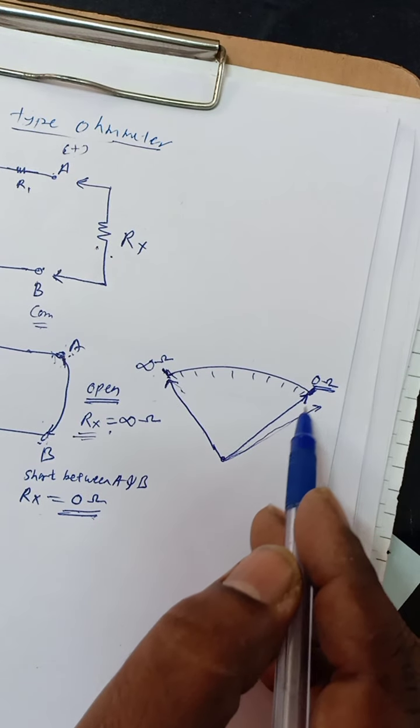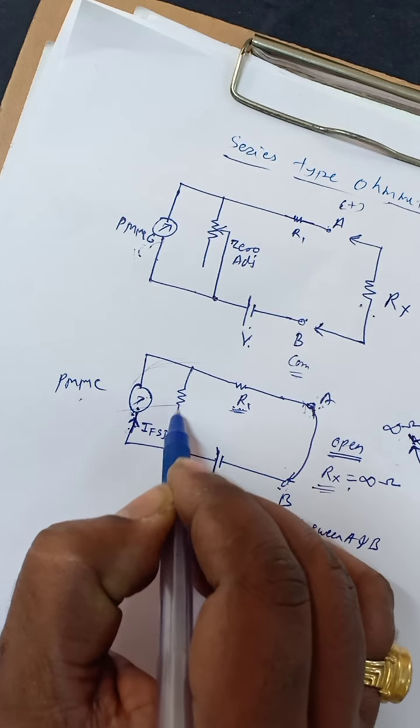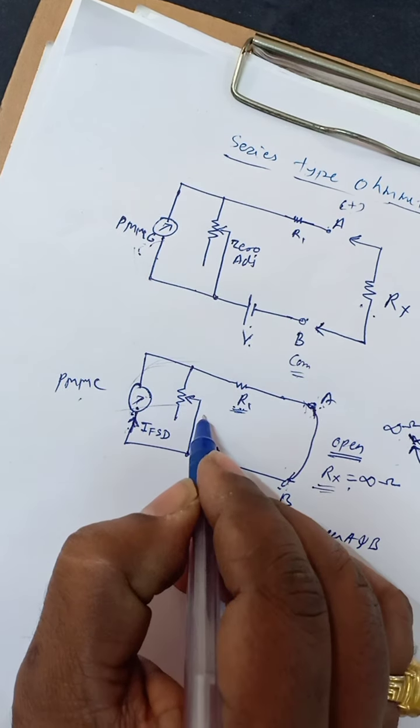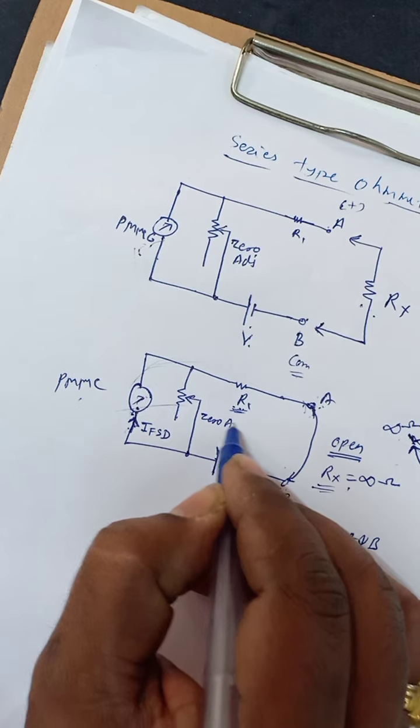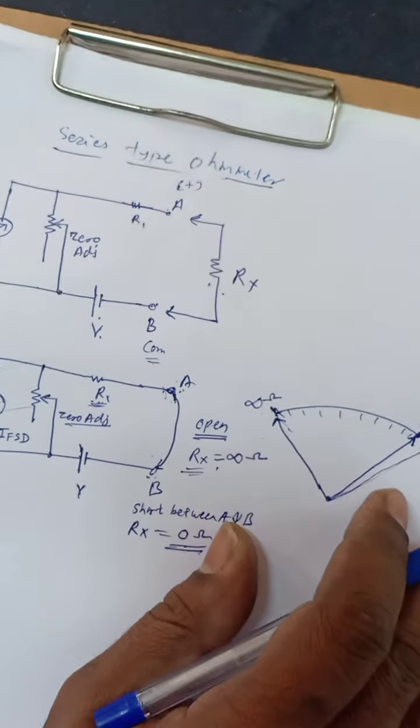So to avoid this, we use the potentiometer arrangement which is connected across the meter. This is known as zero adjust.